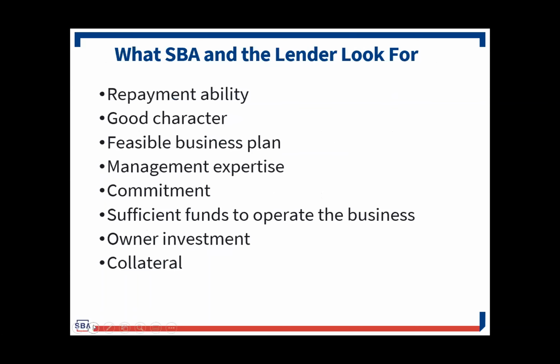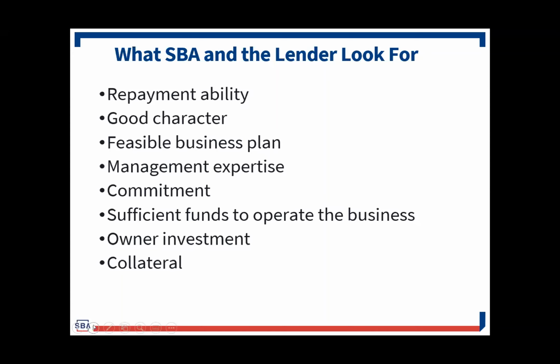So what's important to SBA and the lender? You must be able to demonstrate repayment ability from the earnings of the business. You must possess good character. You must submit a feasible business plan. So you have to submit something in writing to the lender that is feasible and attainable. We're concerned about your expertise in this industry. So we want to look at management, your commitment. Your commitment comes from your skin in the game, how much you're investing in this business.